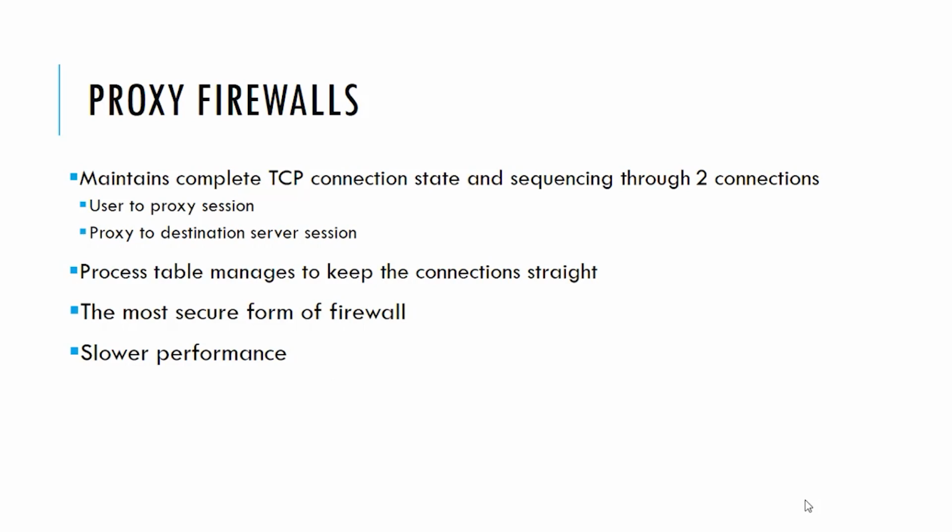Proxy firewalls maintain complete TCP connection state and sequencing through two connections. The proxy firewall makes the connection itself to the destination server and makes another separate connection to the user inside your internal network.